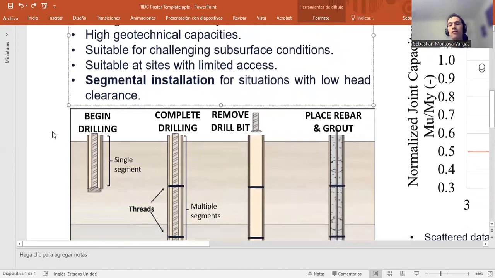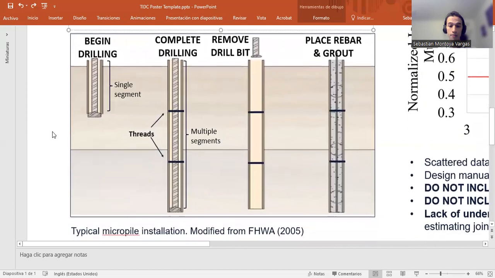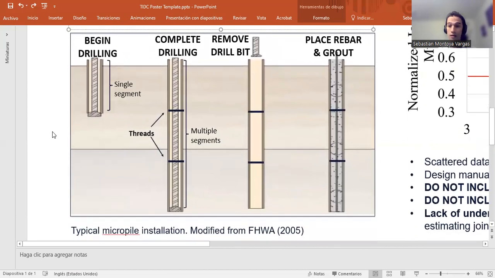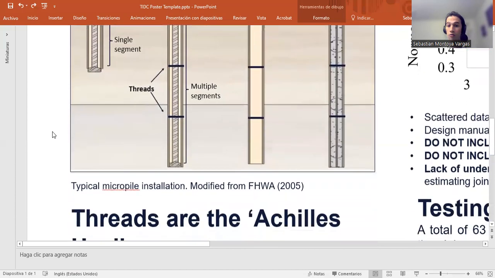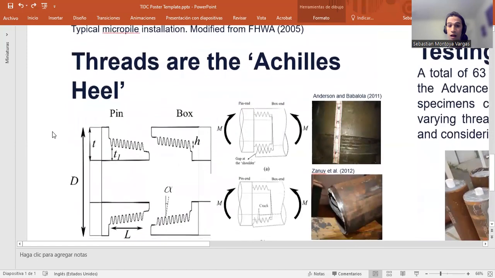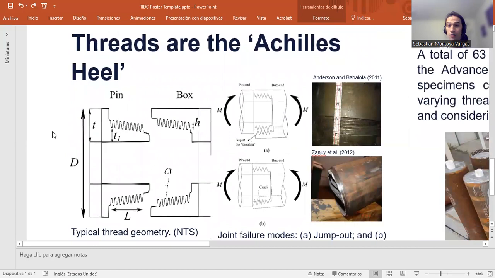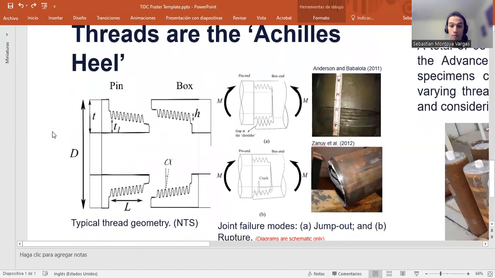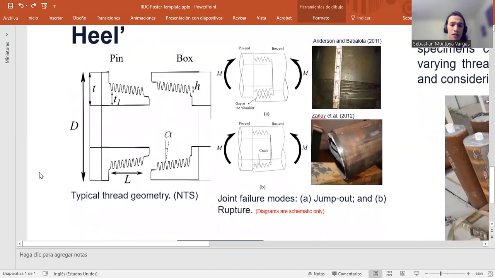But despite their capacity in tension and compression, they show relatively small capacity in bending. And the reason for that is that the thread connection is the Achilles heel of the micropile. A typical thread connection looks like the diagram on the left, where we have triangular threads and a tapered wall, and essentially a pin-box connection.